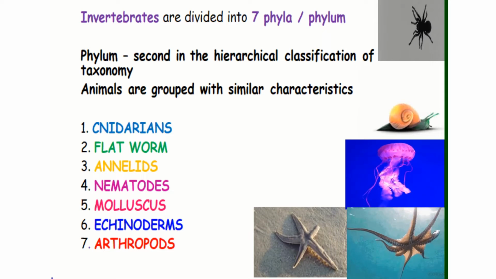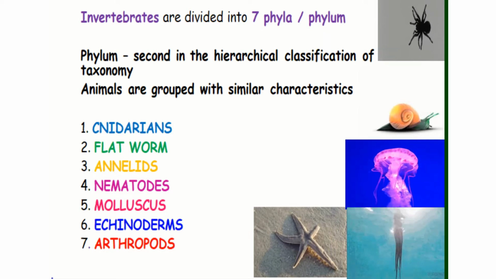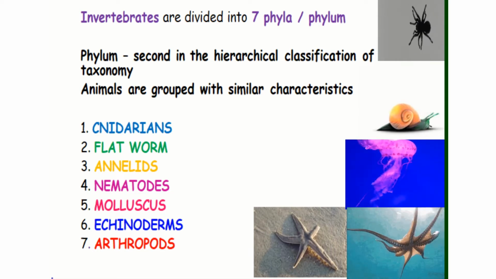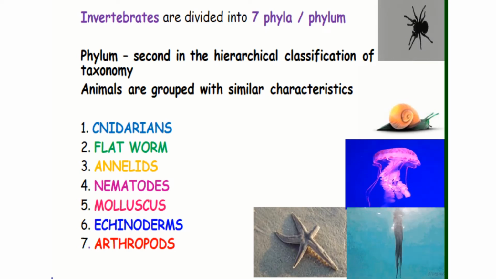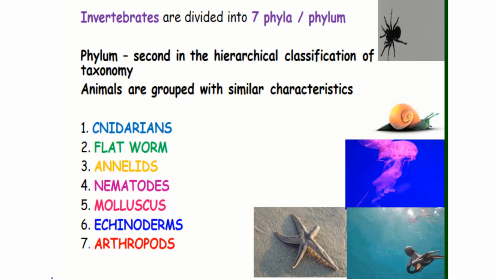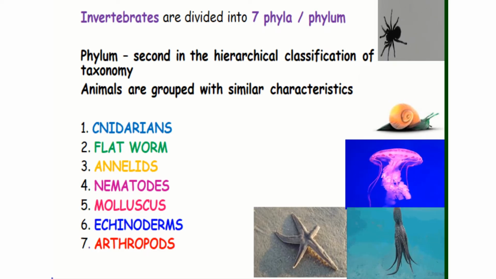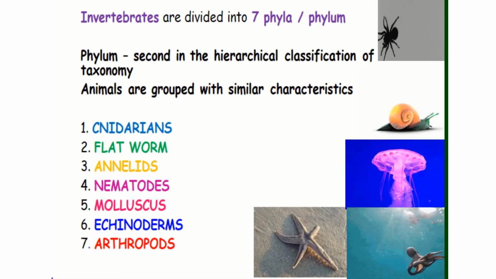The second one is flatworms. Third, annelids. Fourth, nematodes. Fifth, mollusks. Sixth, echinoderms. And the last of them is arthropods.